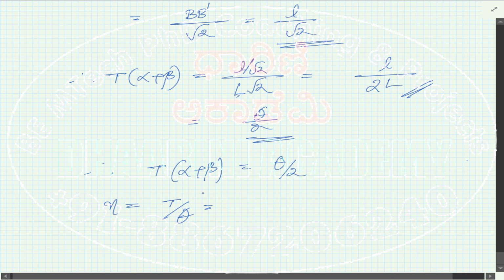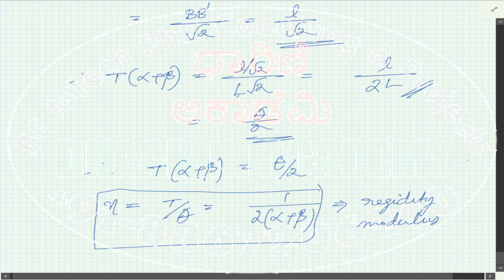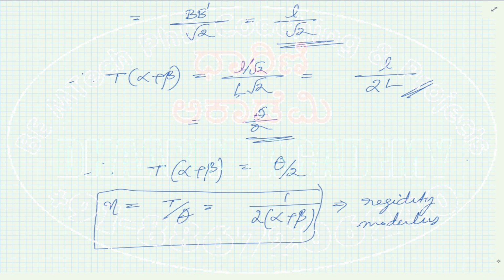If you bring theta to this side and alpha plus beta to the other side, that becomes 1 divided by 2 times alpha plus beta. So this is the required rigidity modulus. Our intention was to derive an equation to get the rigidity modulus, and we did that now.